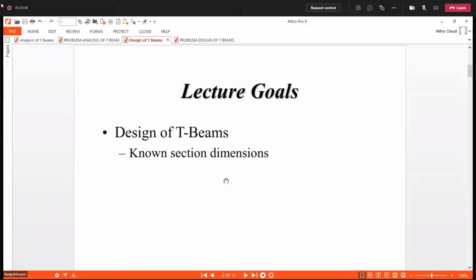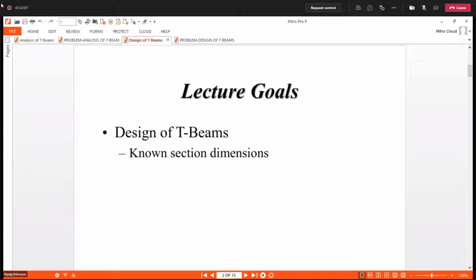Okay, meron pa kasi ibang case, no, wherein mas komplikado yung pagdi-design. Ito yung wala kang dimension, no? You do not have a known section dimension. Okay, you design a T-beam. Okay, but this is the common case when we design a T-beam, no? So having a known section dimension.